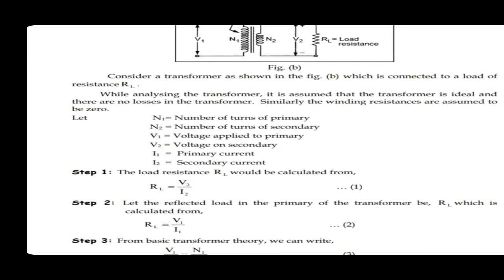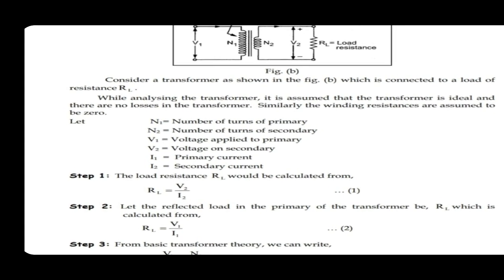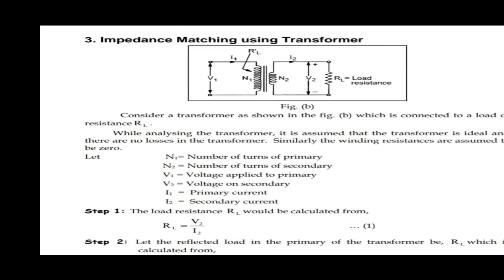Similarly, the winding resistances, of the primary winding and the secondary winding, are assumed to be 0.